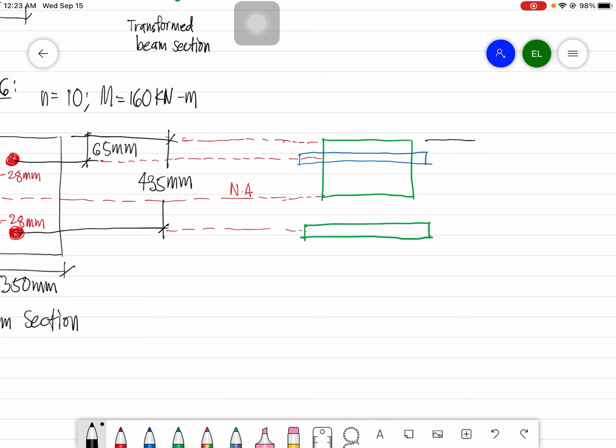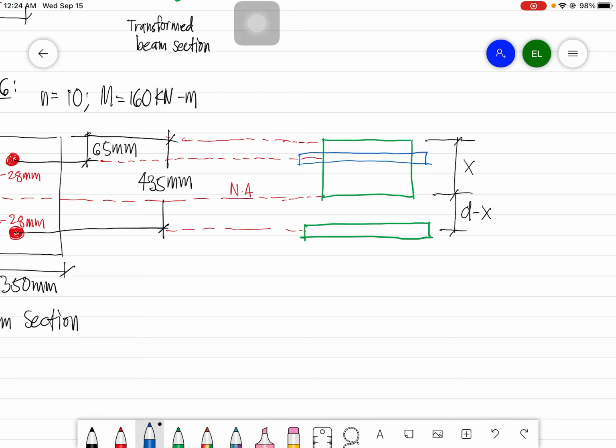Then from the compression extreme fiber to the neutral axis, we have this x distance. Then from the neutral axis to the tensile steel, this is d minus x.